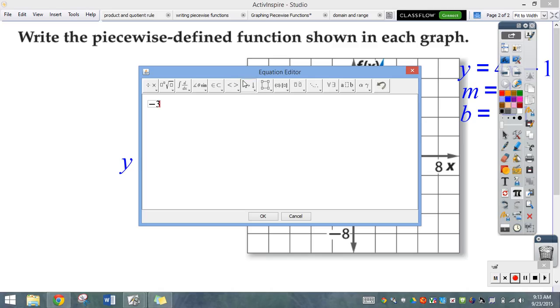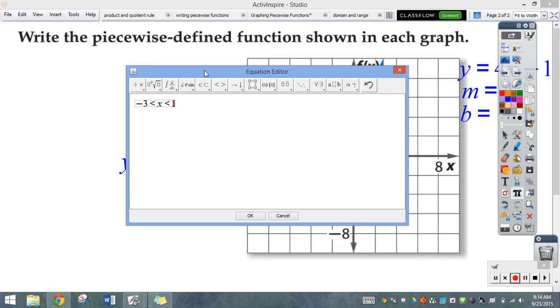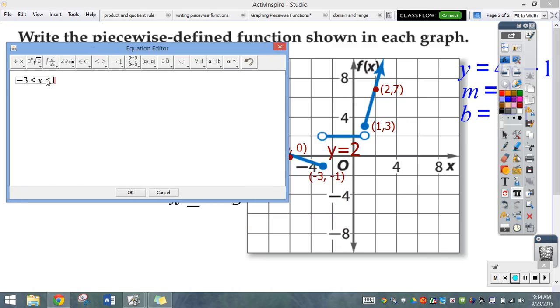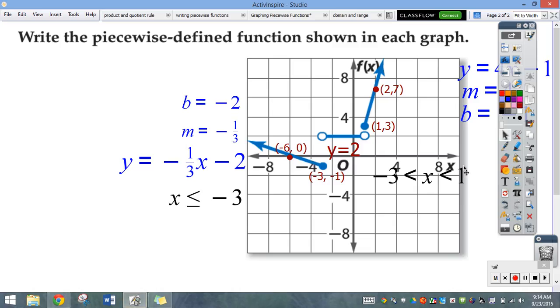And if I am using a compound inequality, I'm going to use less than for both, because if you write least to greatest, it's always going to be less than and less than. And the last thing to check for is open or closed circles. There are open circles at both negative 3 and positive 1, so I don't need the equal to's. And so that would be my domain. It shows very clearly that x is between negative 3 and 1 for this section of the graph.